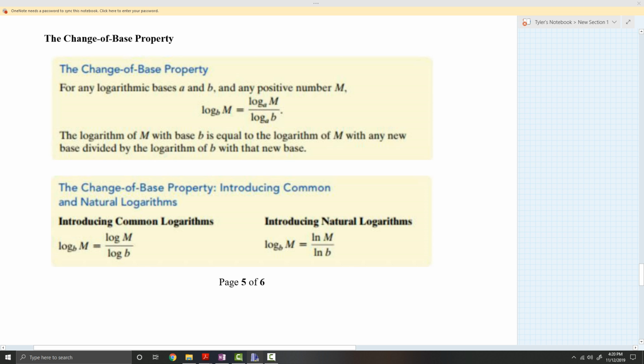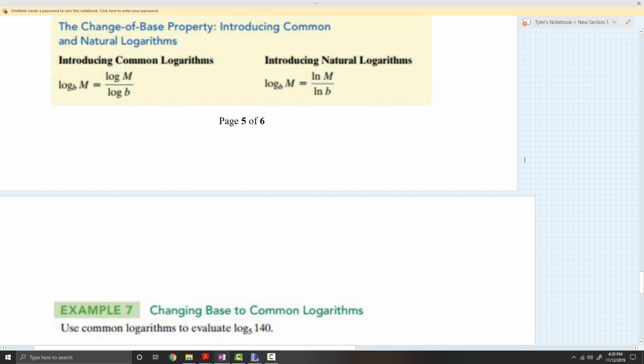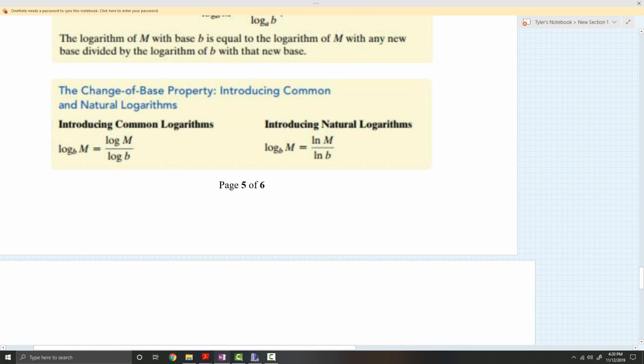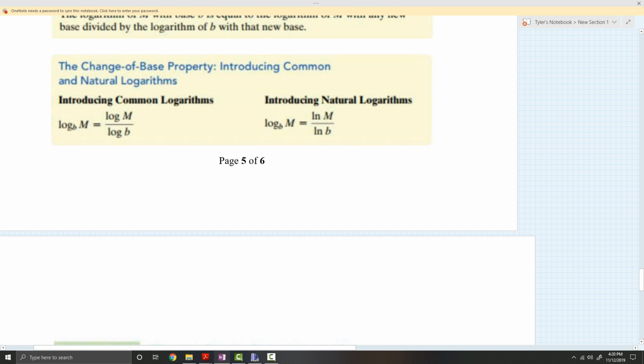So if we look in the next table, it's using the common logarithm and the natural logarithm. Which makes sense because again, that's what we have in our calculator, and if you think about it long enough, it makes sense that those would be the two that we would want to have. Those are like the most common ones to use.